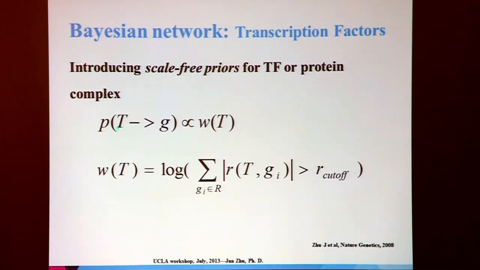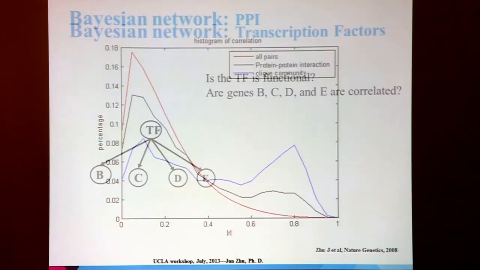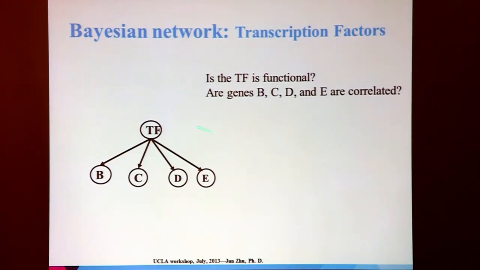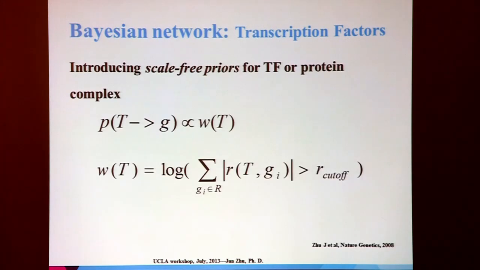Then this transcription factor regulates genes, and this may be called scale free. That means if there are more downstream targets, the whole structure is more likely. So not a single edge, but the whole structure simultaneously makes its prior stronger.